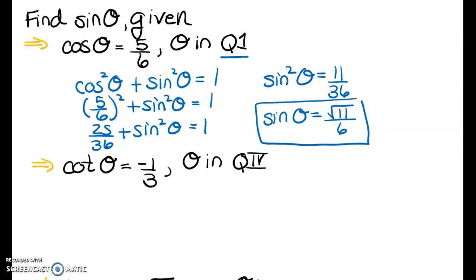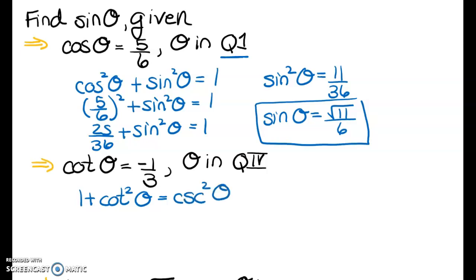All right, so if we wanted to find sine, given that cotangent is negative 1/3, how would we do that? Well, how do cotangent and sine relate? Well, I know I have a Pythagorean identity that relates cotangent to the reciprocal of sine.